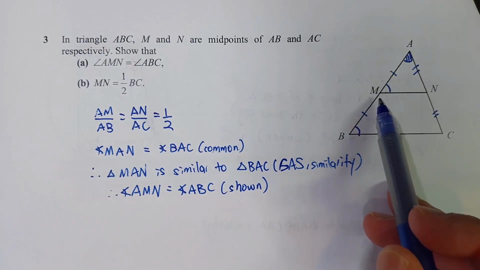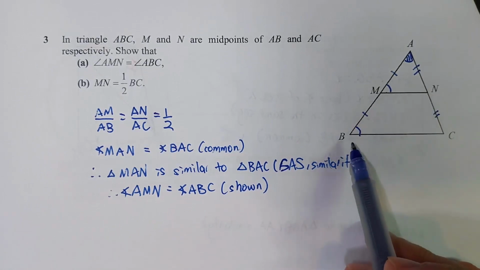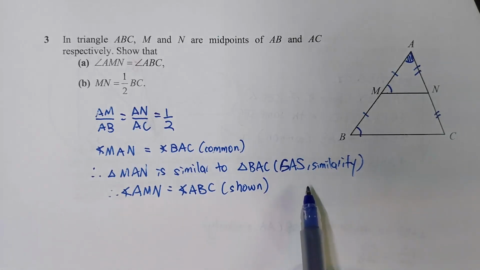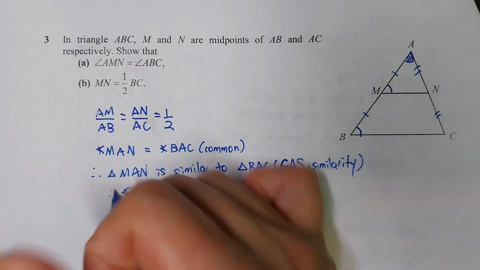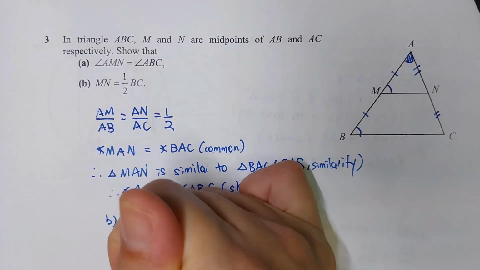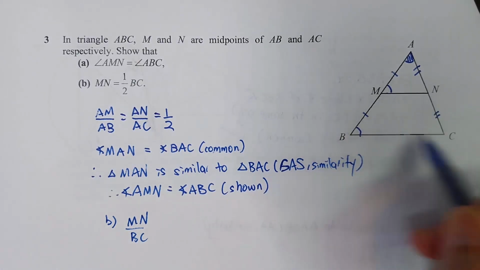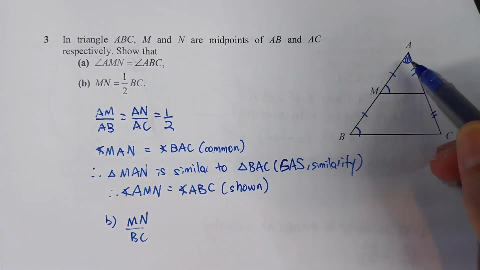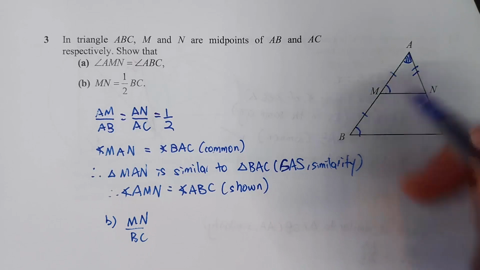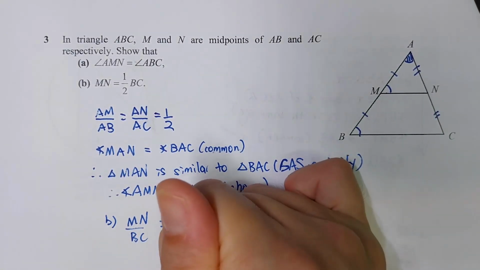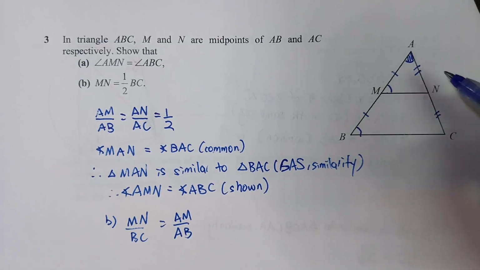How do we prove that MN is equal to half of BC? This is using the same property of similar triangles. MN over BC will have the same ratio as AM over AB, because the ratio of the corresponding lengths are all equal for similar triangles.